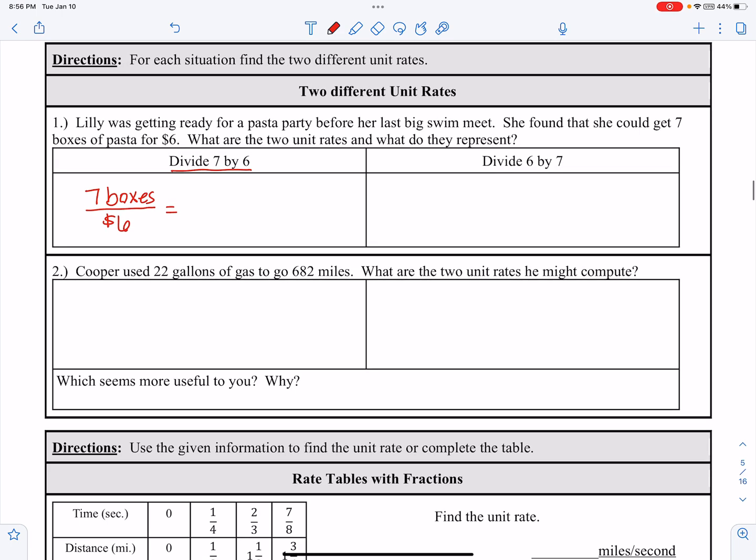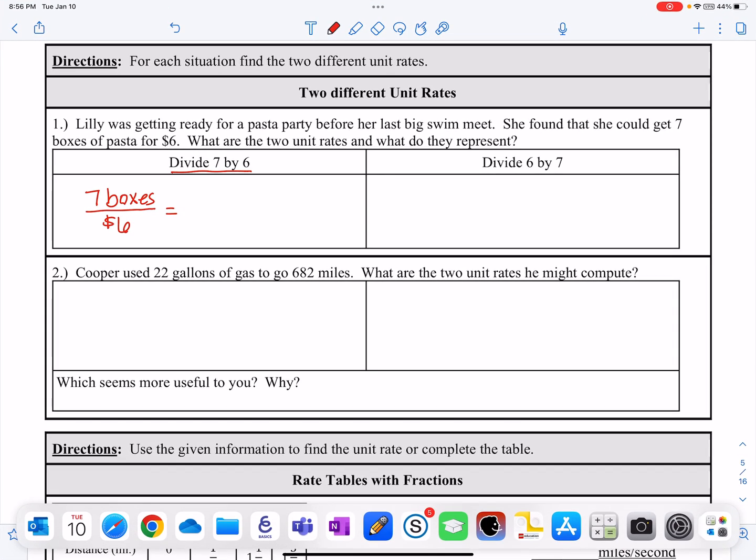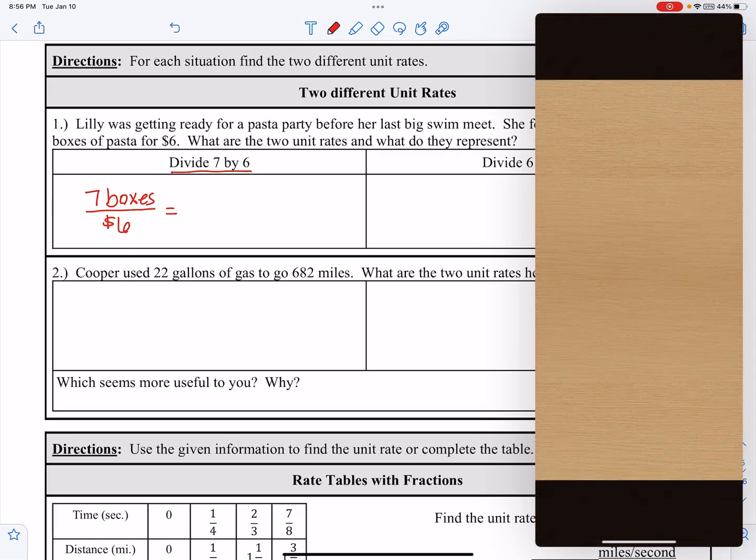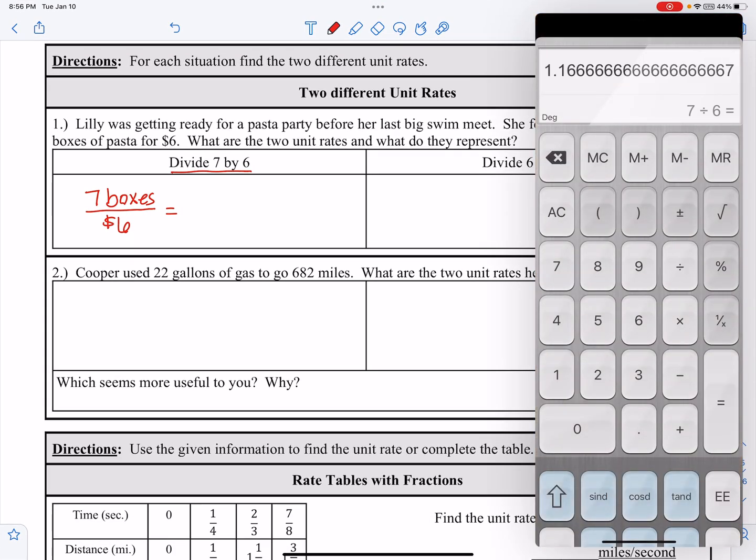We would take 7 divided by 6, and you get 1.16 repeating. So this is boxes on top, and the 6 is repeating, and this is boxes, because that unit hasn't changed, per $1. Okay, because we split up our 7 boxes into the $6. So that's our unit rate for that one.